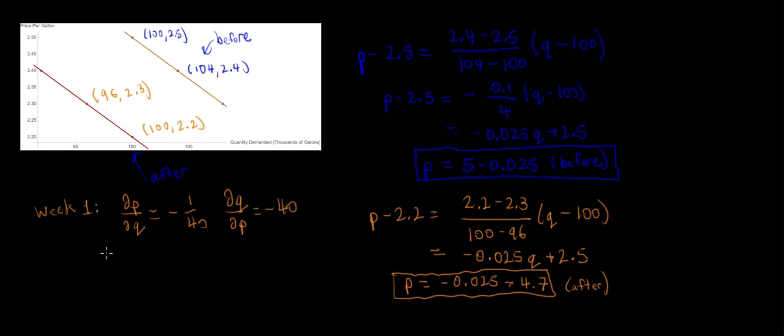The expression for the own price elasticity is negative 40 times the price over the quantity, and the price at week 1 is 2.5 over 100, which is equal to 1 over 40. So this is equal to negative 40 over 40, which equals negative 1.